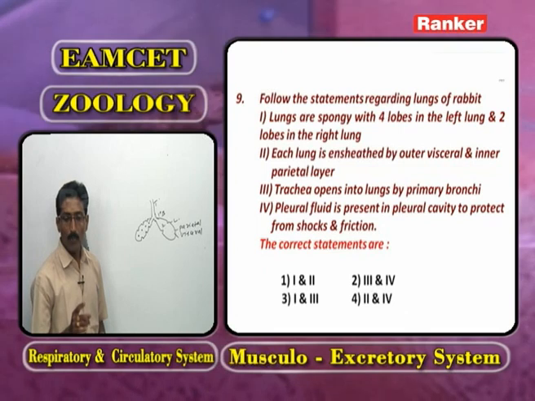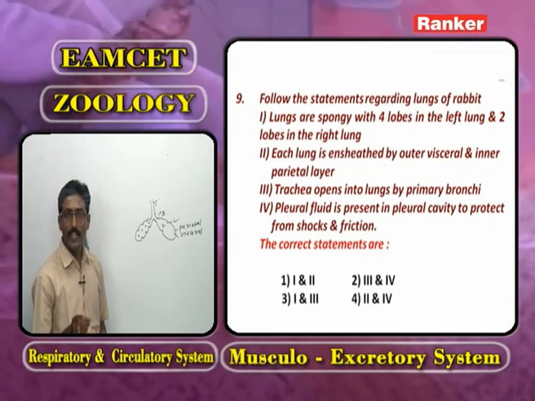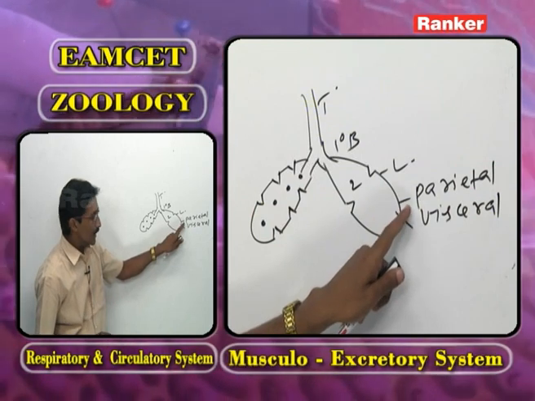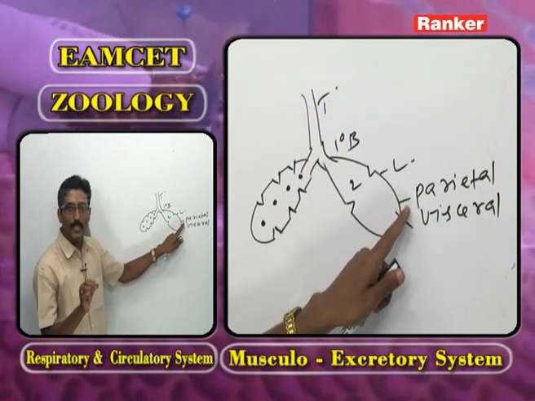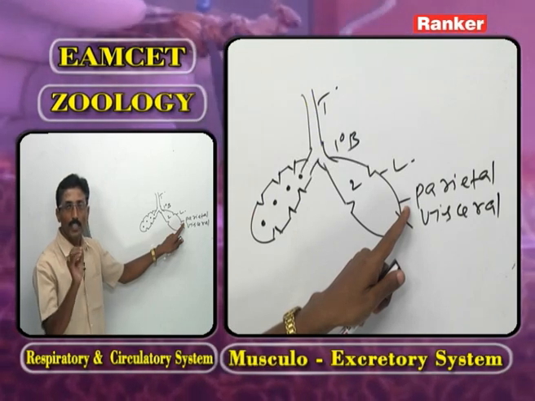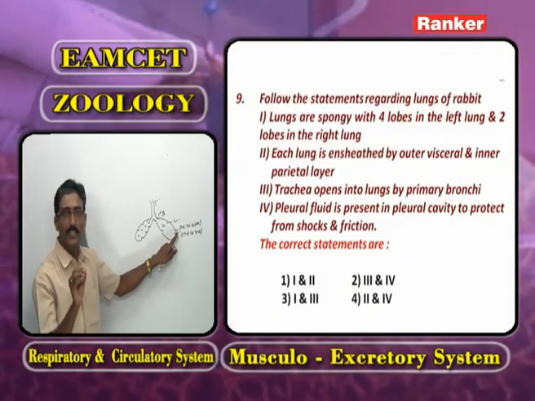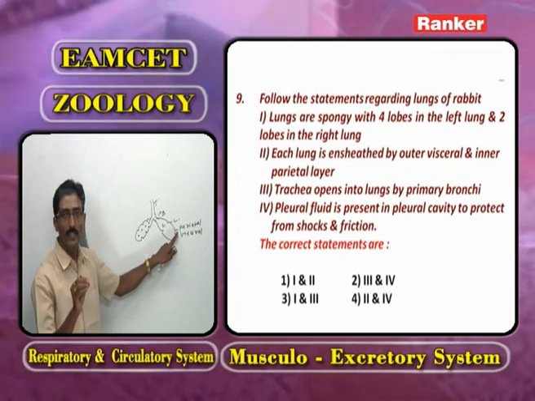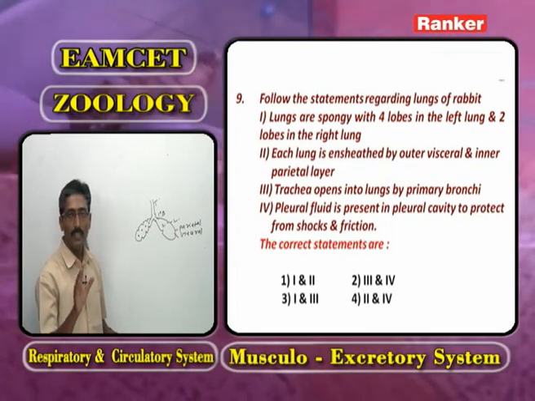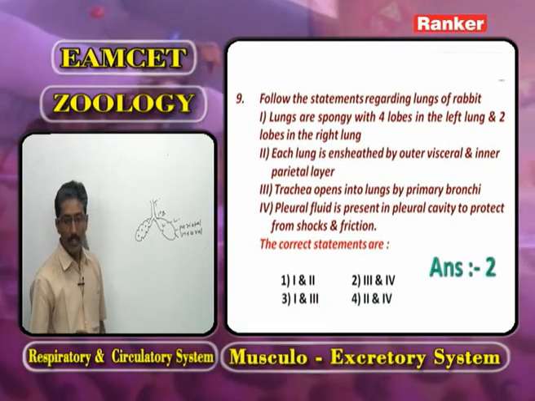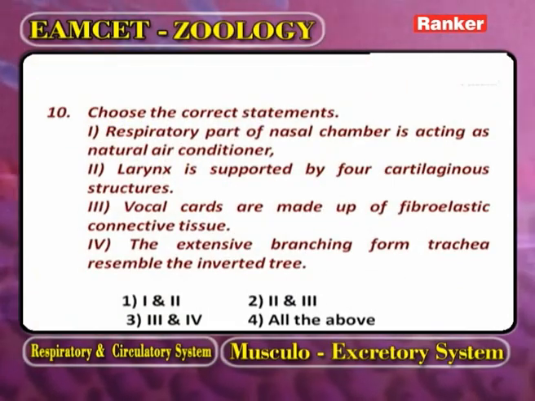Fourth, the pleural fluid is present in the pleural cavity. Between parietal and visceral layer, a space is present. The space is called pleural cavity. It is filled with pleural fluid that protects the lungs against friction and allows the free movement of lungs. So third statement, fourth statement are correct. Now we go for the next question.